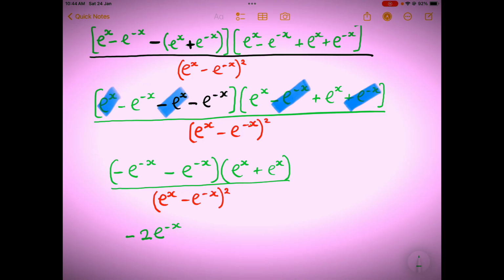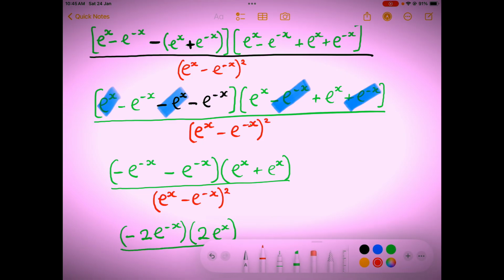Negative 2. So that is the reason you are seeing the minus 2 there. So this is for the first bracket. Now for the second bracket, e^x plus e^x will give me 2 of the e^x. So I now divide this by the denominator.